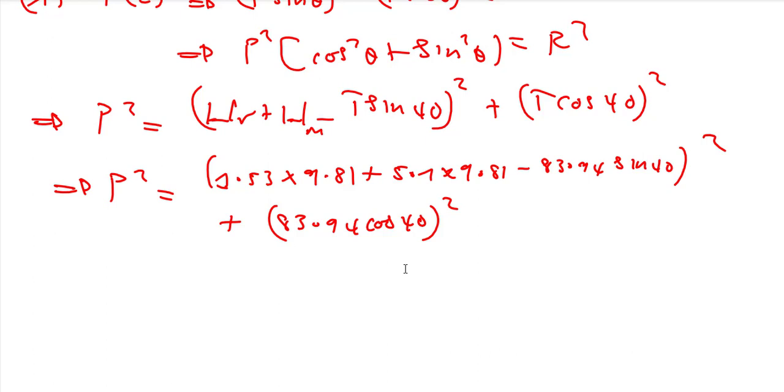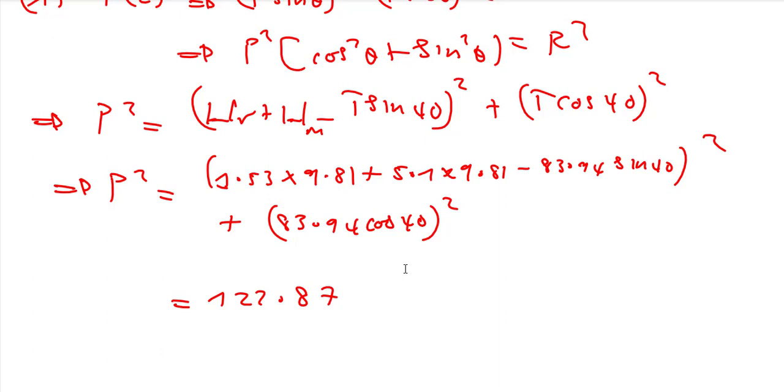All of this goes to the power 2. The first one gives us about 122.87. Then I will add 83.94 times the cosine of 40, raised to the power 2.